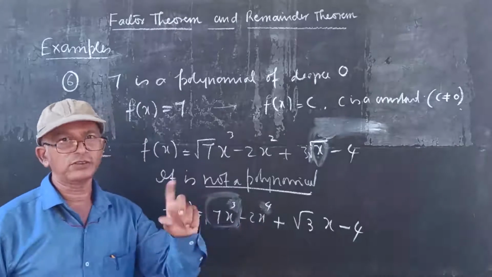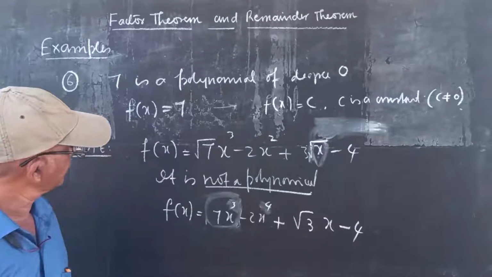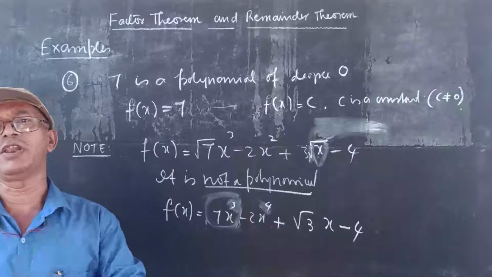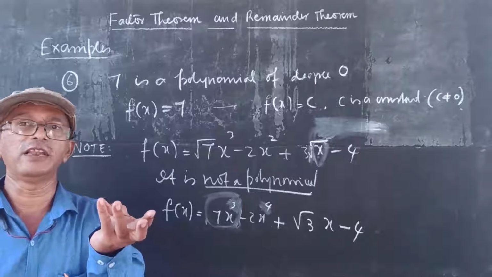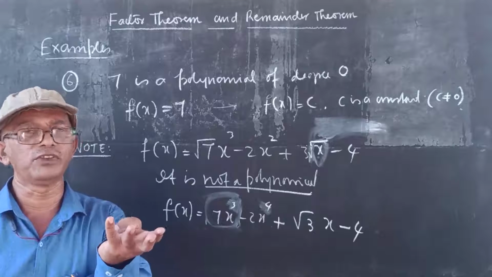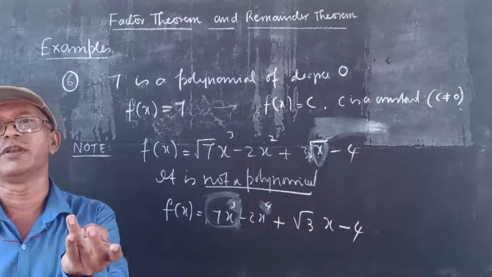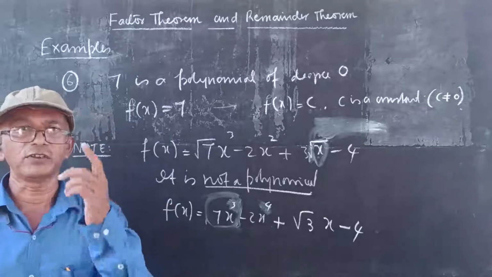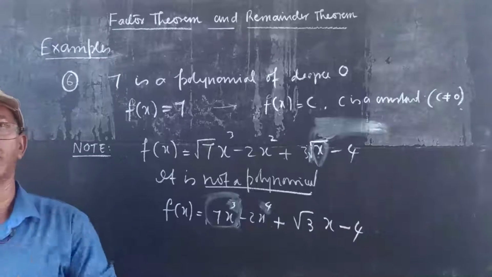Then only you can decide the leading term. That's all. This is an example for not a polynomial. If it is a polynomial, then what type of polynomial is it? It is a linear polynomial, a constant polynomial, zero polynomial, quadratic polynomial, or biquadratic polynomial, etc. You have to classify it. So the first thing is you have to see whether it is a polynomial or not a polynomial. That is important.